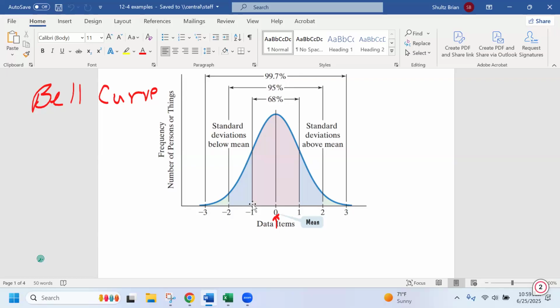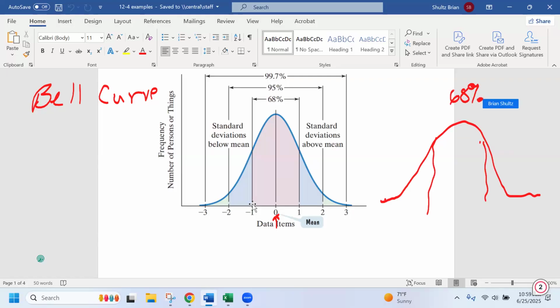I'm going to redraw this drawing here as best I can. It looks like this. So if I'm grading on a curve, this area right here, the 68%, that's where most people would fall if I were talking about grades.